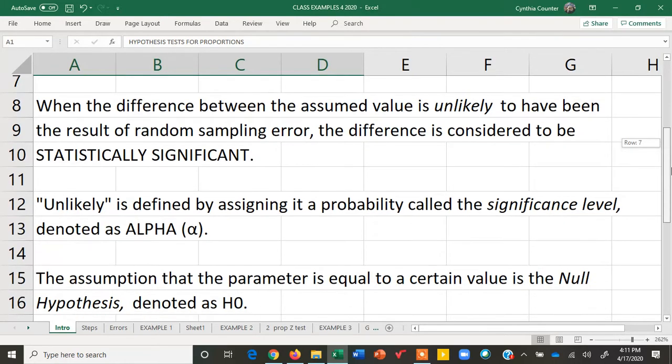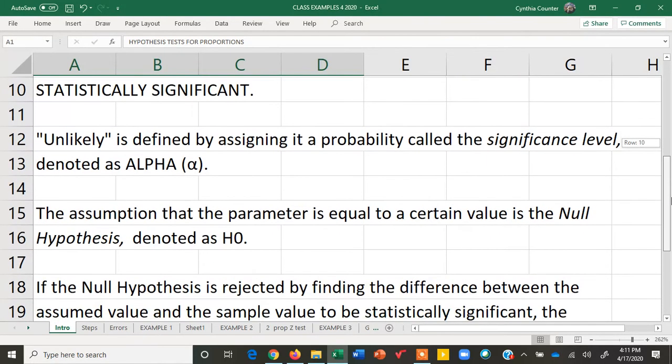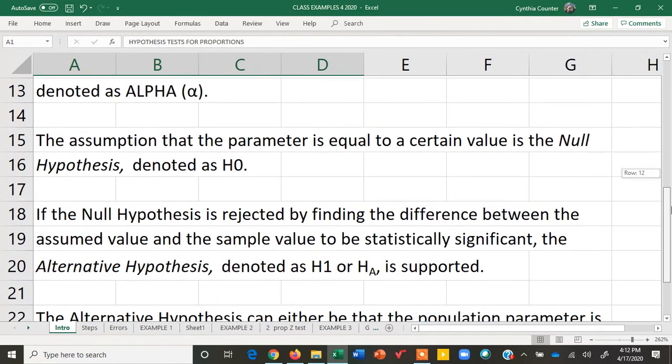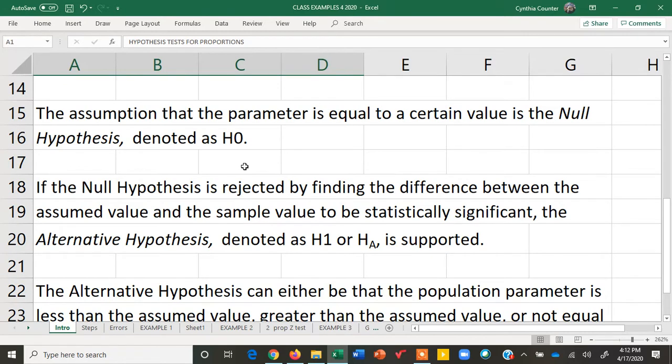We define unlikely by assigning it a probability called the significance level, denoted as alpha. And we're going to use alpha 0.025 for our one-tailed tests. The assumption that the parameter is equal to a certain value is the null hypothesis, denoted as H sub 0, H naught, H0.